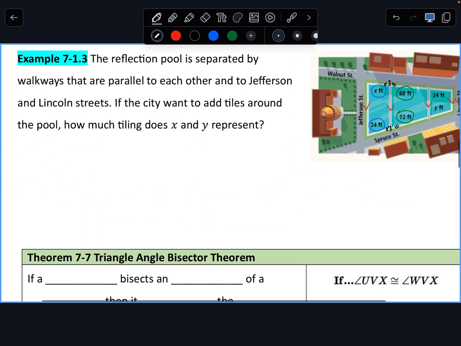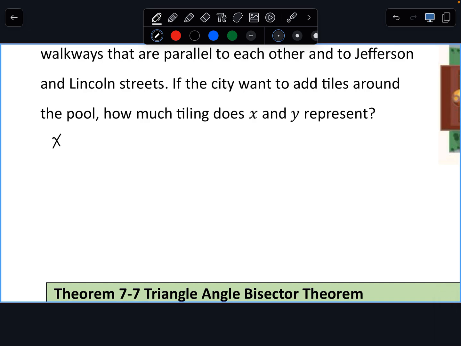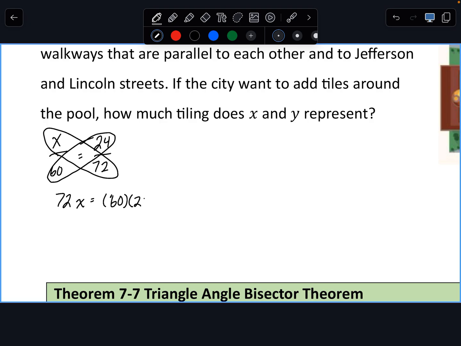So let's go ahead and solve for X here. We're going to say X over 60 equals 24 over 72. And once I set up my proportion, I can cross multiply and solve. 72 times X equals 60 times 24.